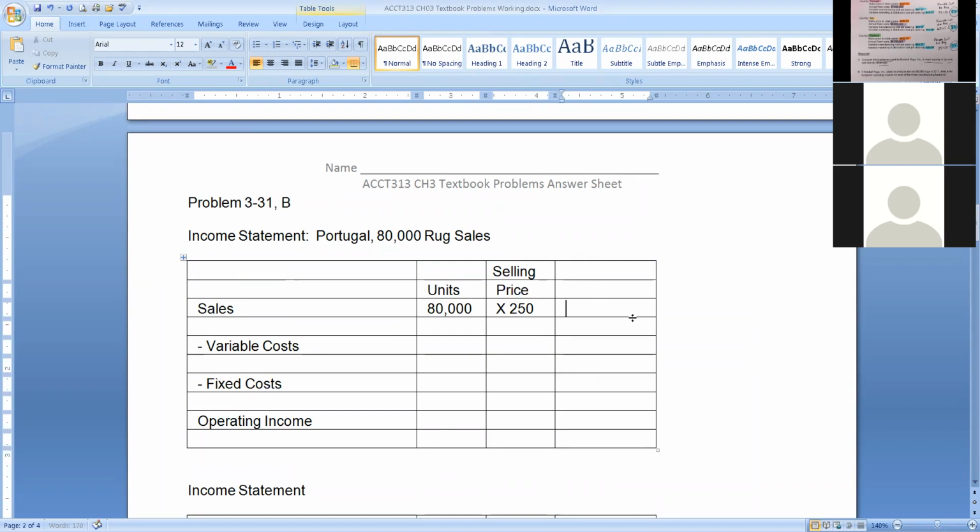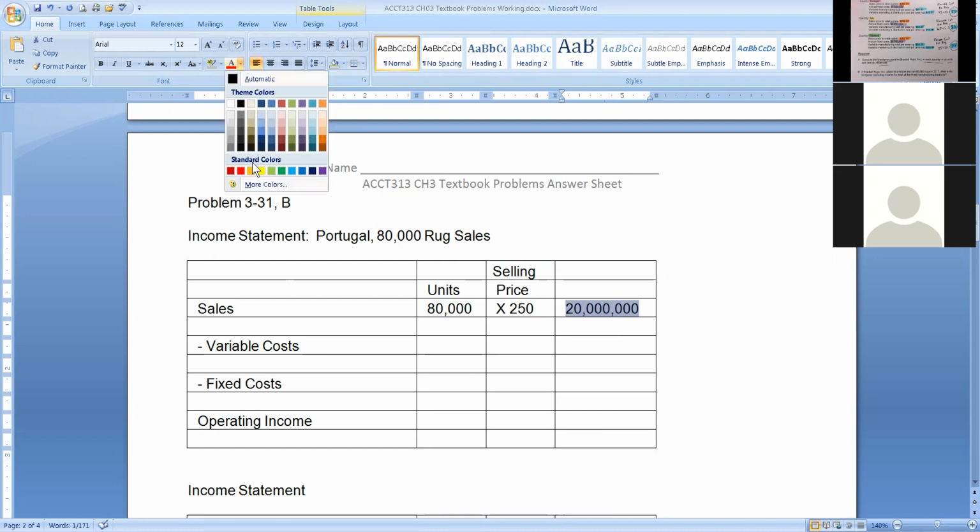Okay, so 80,000 times 250 is $20 million. All right, so there are the sales.